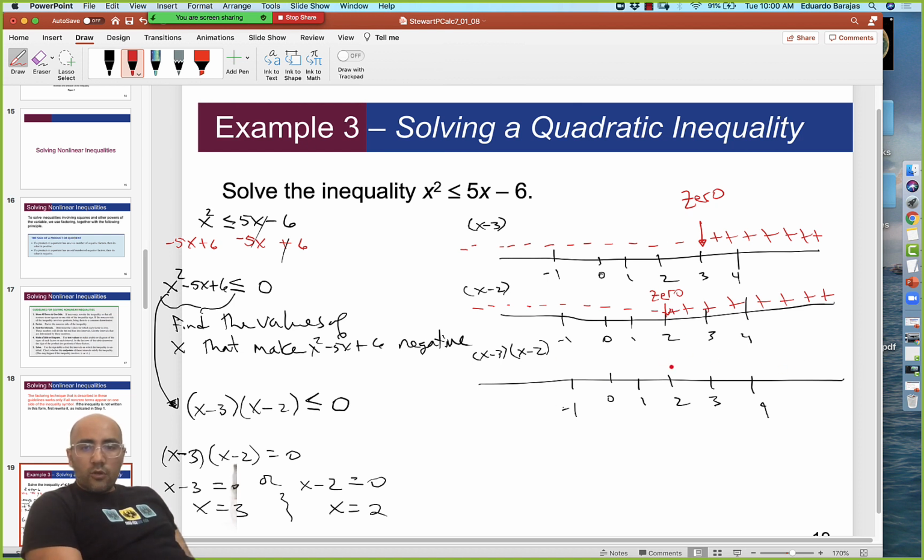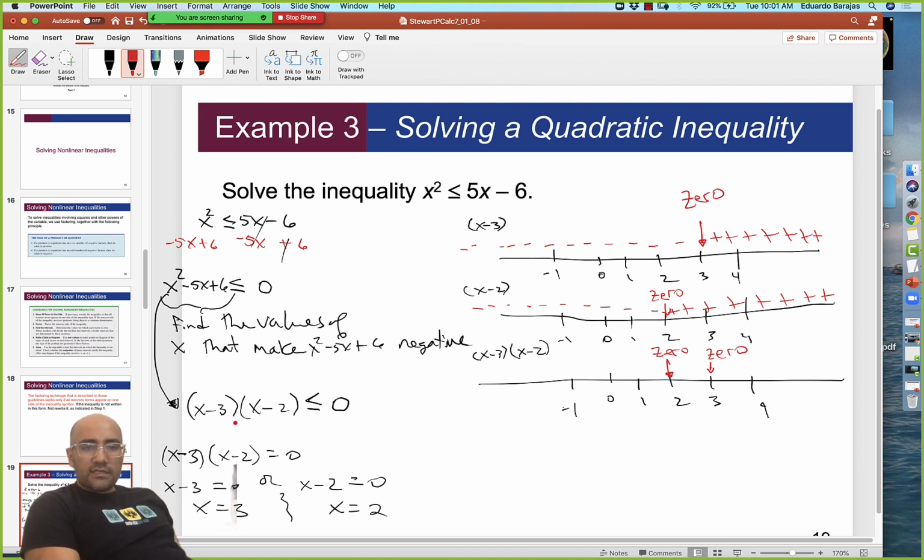So the multiplication of the 2, if I let x equal to 2, well, this first one is 0. So 0 times anything is going to be 0. So I know that this is going to give me a 0. And by the same token, this one, by the same property, is also going to give me a 0. Right?